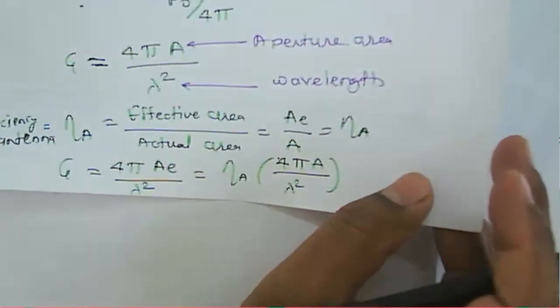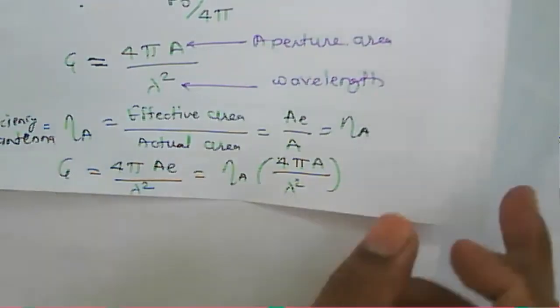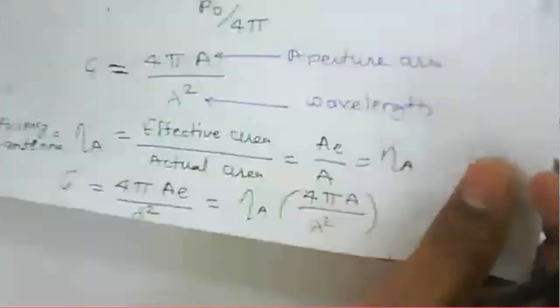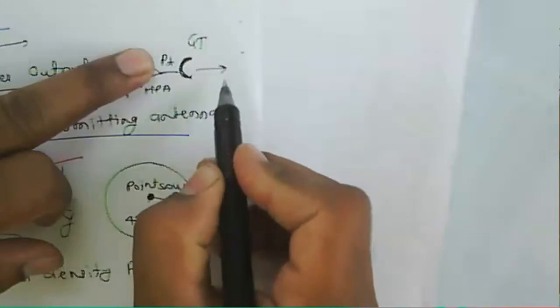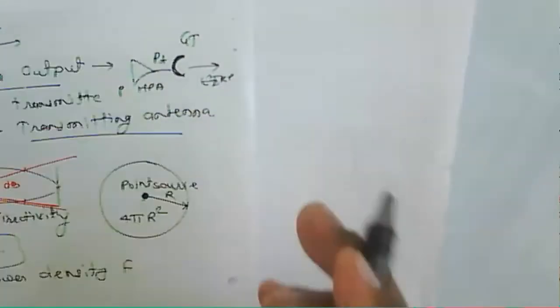So from that, we can calculate the effective isotropic radiated power transmitted by this antenna. So here that is EIRP.